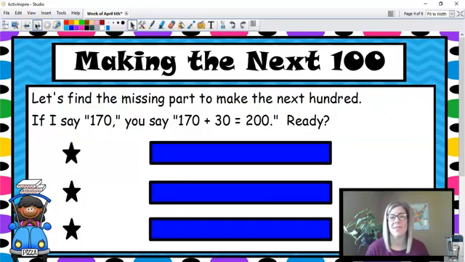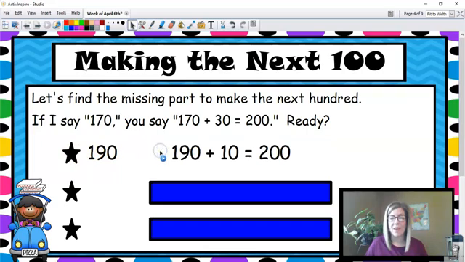Let's do some fluency. We are making the next 100. So let's find the missing part to make the next 100. If I say 170, you say 170 plus 30 equals 200. Are you ready? All right. 190.